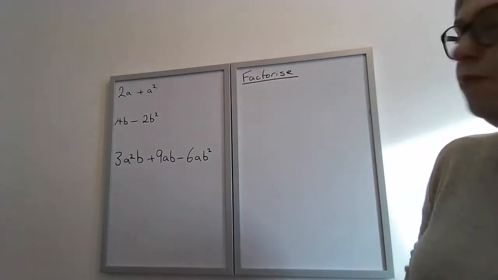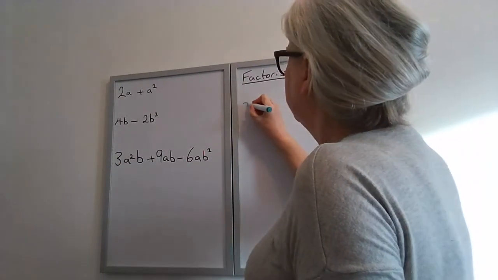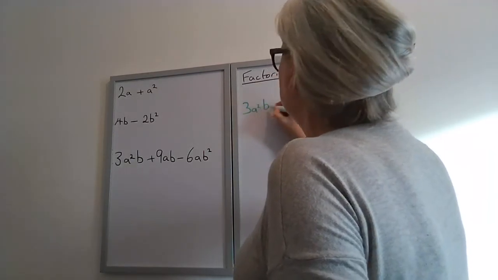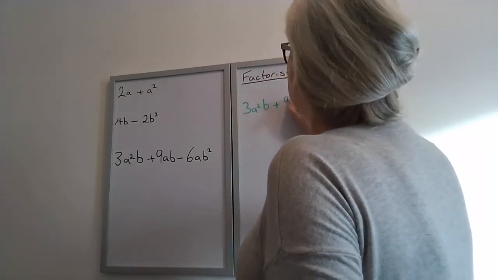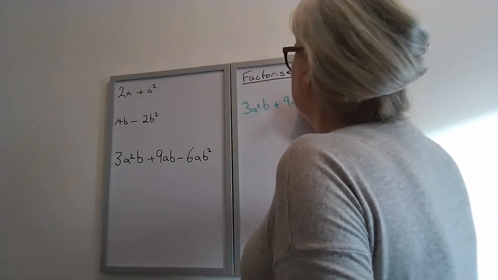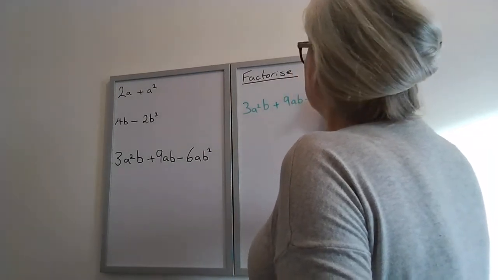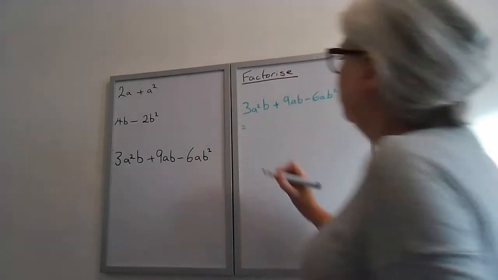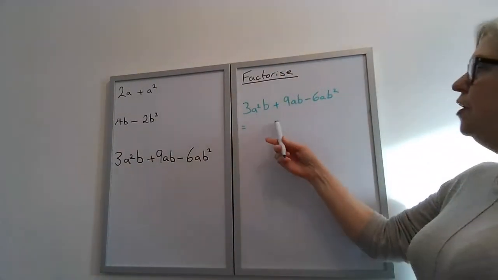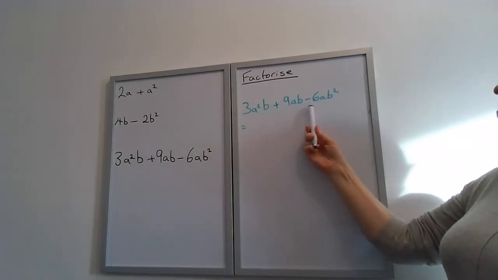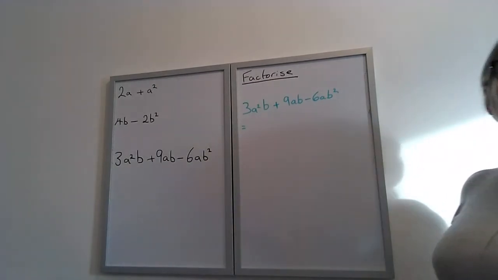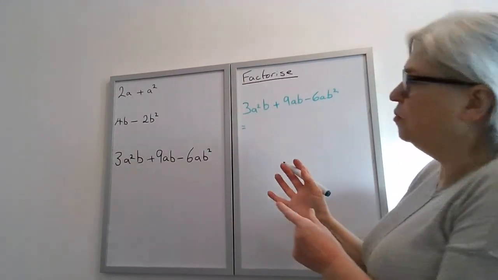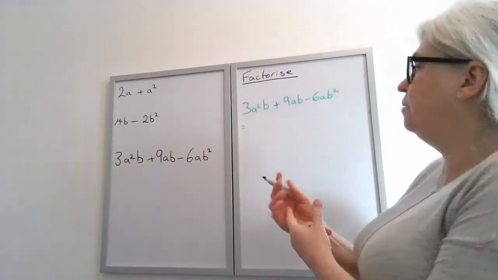Okay, so that's the whole expression, 3a squared b plus 9ab minus 6ab squared. So I'm now going to break that down as I did with the other two. It looks a lot more complicated, but we just use exactly the same principle.